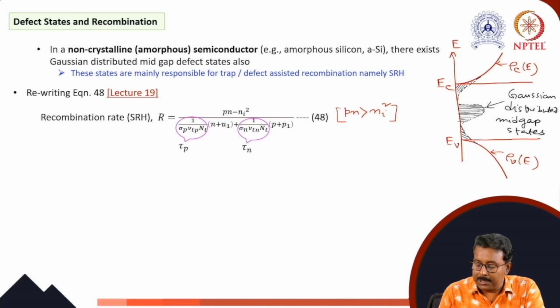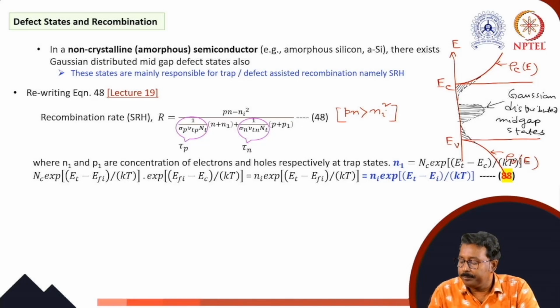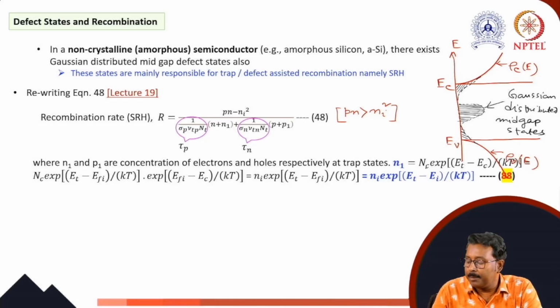The n1 expression we derived in lecture 19, if we rewrite it, was n1 equals Nc exponential Et minus Ec by kT, where Et is the trap energy state, Nc is the effective density of states in the conduction band, Ec is the conduction band edge, k is the Boltzmann constant and T is the temperature.